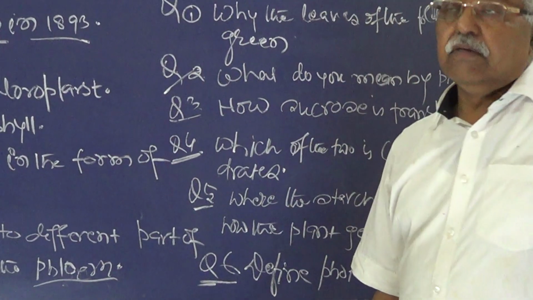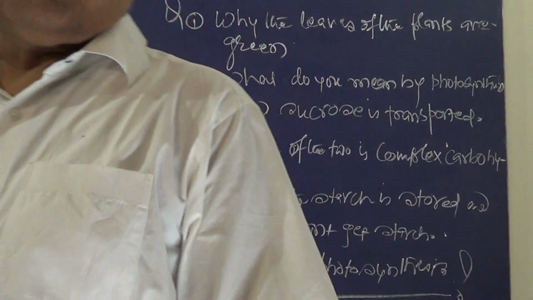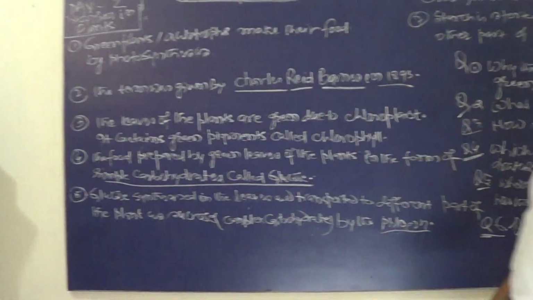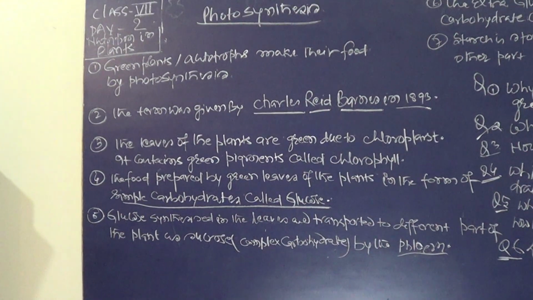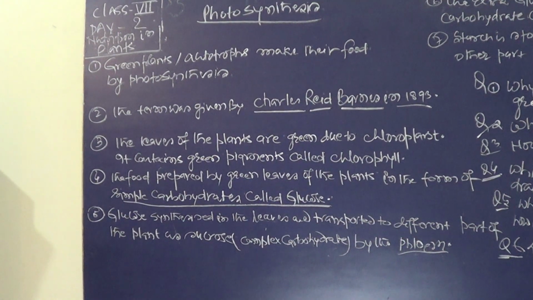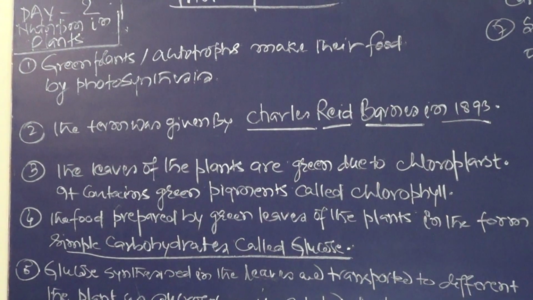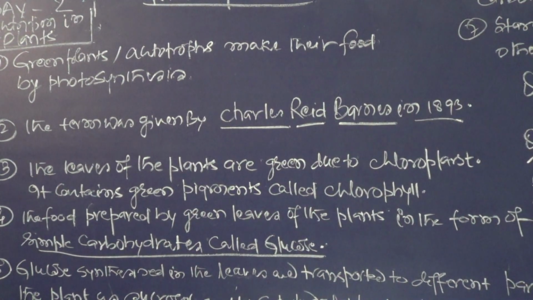So our question number 6 is, what is photosynthesis? Now try to understand that green plants, or the autotrophs, make their food by the process of photosynthesis. We have explained that in the first point.